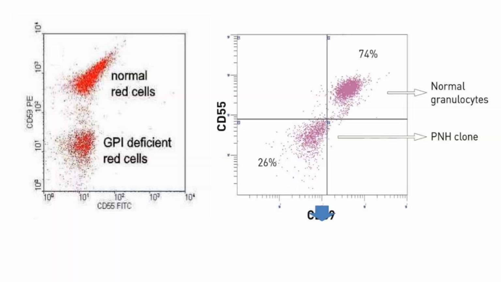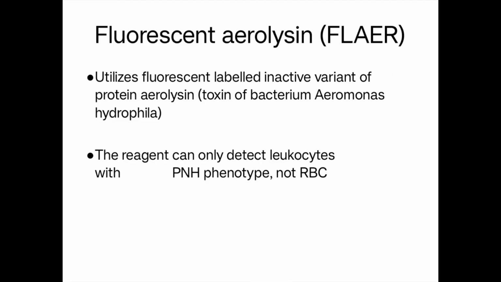In the flow cytometric image, CD59 is on the x-axis and CD55 on the y-axis. So the PNH clone is in 26% of cells, while normal granulocytes are 74%, showing normal CD55 and CD59 expression.